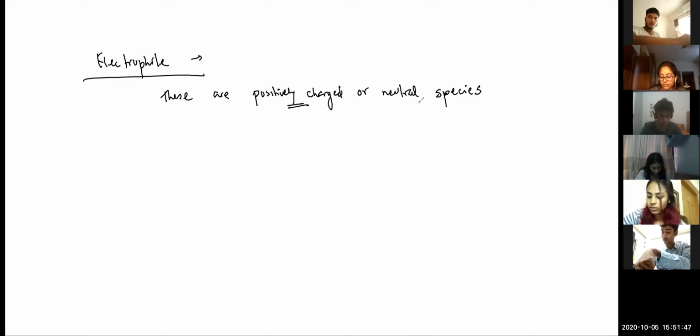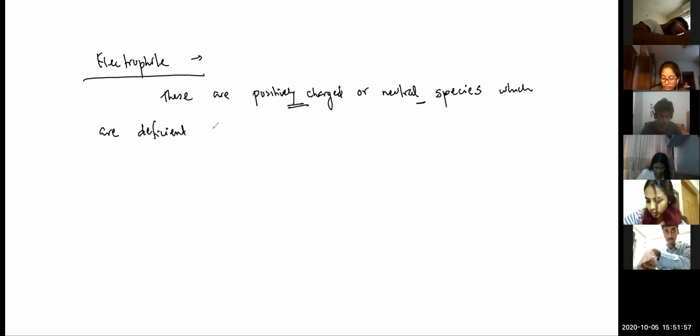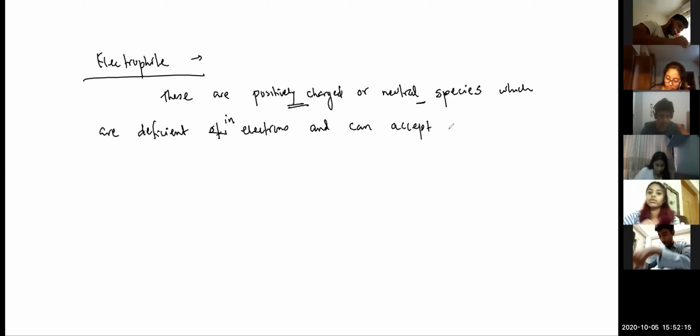It can also be a neutral species which is deficient in electrons and can accept a pair of electrons.